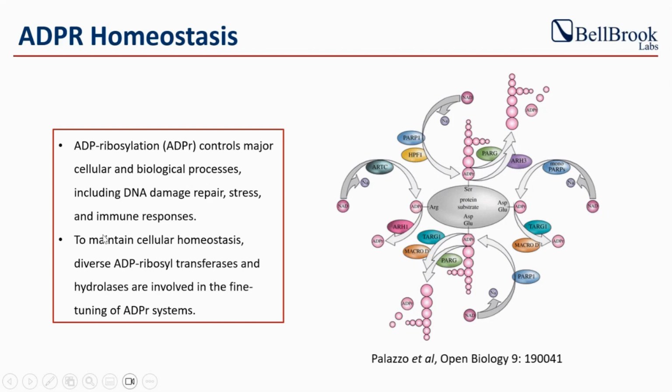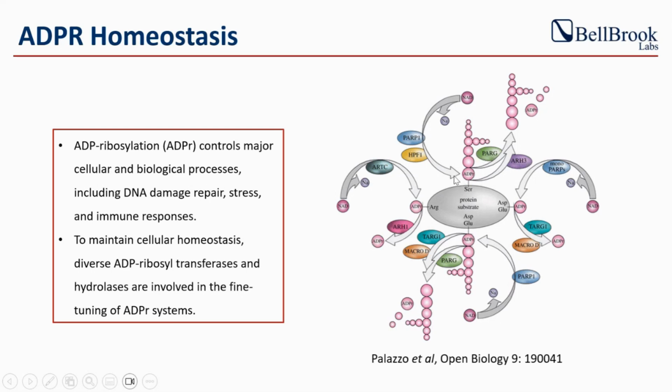To maintain the cellular homeostasis of ADPR, many enzymes are involved. For example, we have transferases and hydrolases, the ones that add or remove the ADPR or poly-ADPR. In this case, we have PARP1, and PARG to remove the poly-ADPR, or ARH3, ARH1.